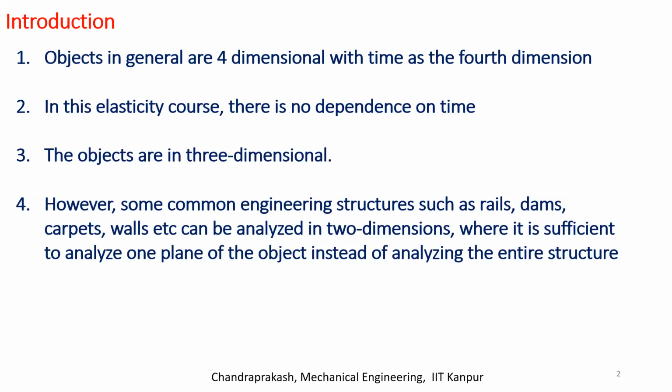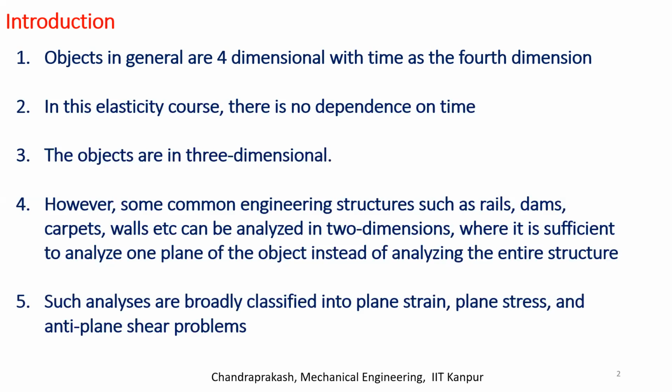So in these kinds of cases, it is sufficient to analyze the plane of the object. For paper-like structures which are very thin, and long structures, it is enough to analyze their cross sections. There are certain differences, though: you need to analyze a paper differently, since in a paper two dimensions are large compared to the third dimension, whereas in rails and dams one dimension is very long compared to the other two.